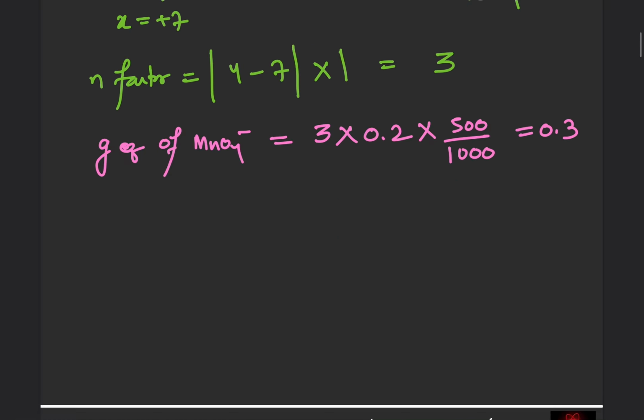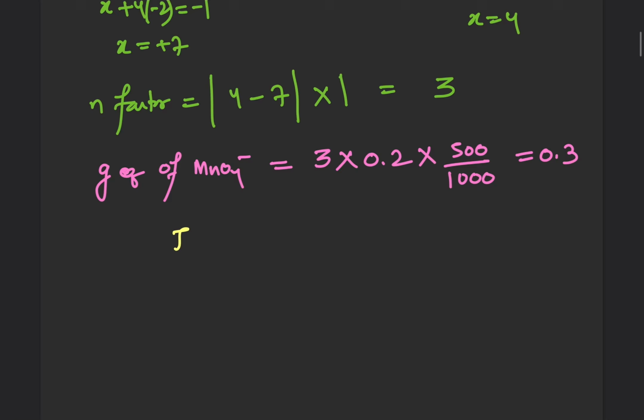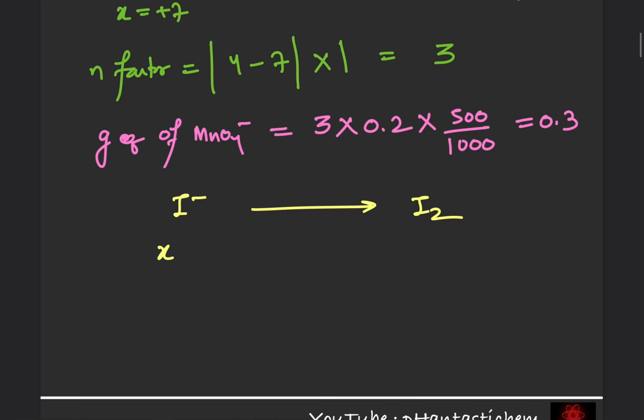For I minus, we can see it is changing from I minus to I2. The oxidation state of I here is minus 1 and I here is 0, because the oxidation state of atoms in elementary state is 0.